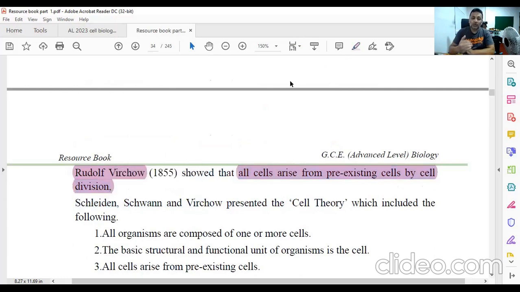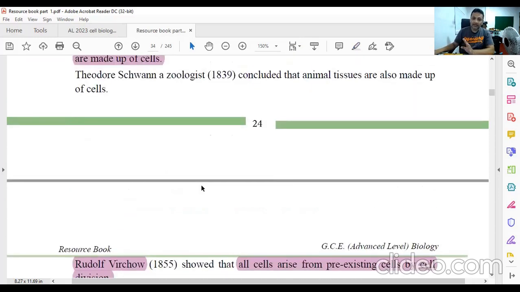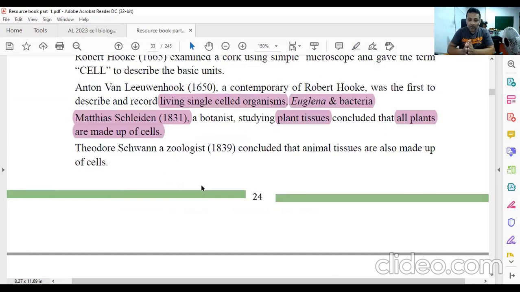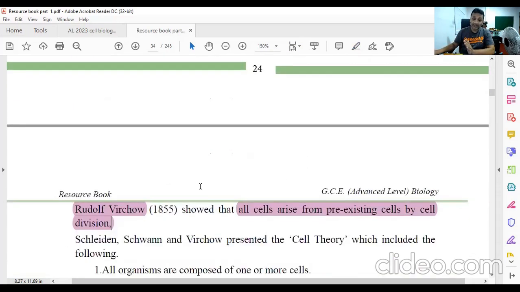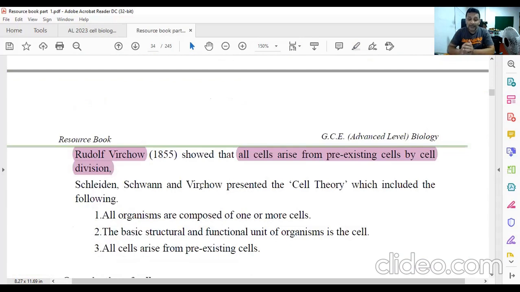So you should know their individual opinions. Matthias Schleiden's opinion: all plants are made up of cells. Theodor Schwann's opinion: animal tissues are made up of cells. Rudolf Virchow's opinion: all cells arise from pre-existing cells by cell division.